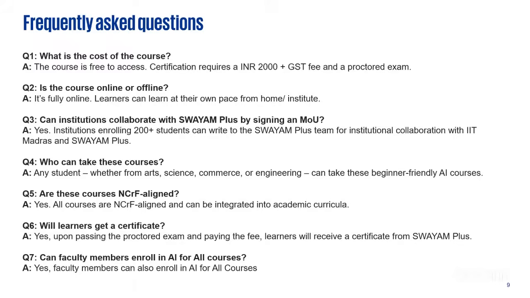Using that, you can start learning anywhere at any time. But if you would like to have a certificate, a validation that you have completed the course from SWAYAM Plus and IIT Pravartak, then you may choose to appear for a certification examination. Like I mentioned previously, this will be a virtually proctored examination, so you can take this exam from anywhere.